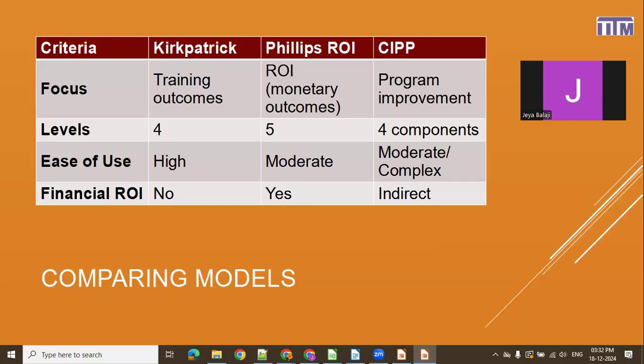It has 5 levels. The ease of use is moderate, and the financial ROI is present. The CIPP model focuses on program improvement and how we can improve the program. It has 4 components. It is moderate to complex in terms of ease of use, and the ROI is indirectly calculated.